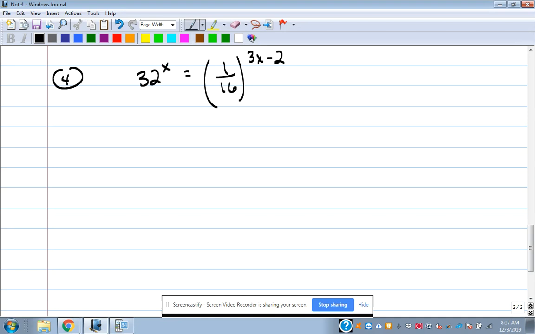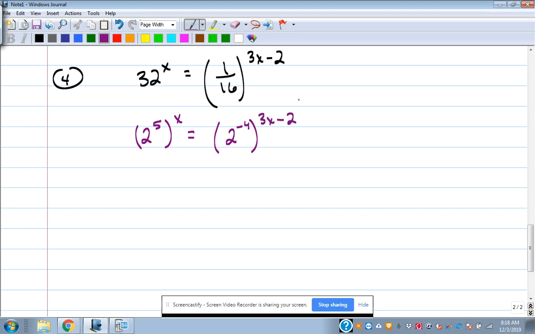Because you got 4 squared and 4 to the 3rd. You get past 32 already. So 2 would be the right thing here. 32 is 2 to the what power? 5th. 16 is 2 to the... Yeah, this would be 2 to the -4 because it's 1/16. 16 is 2 to the 4th.